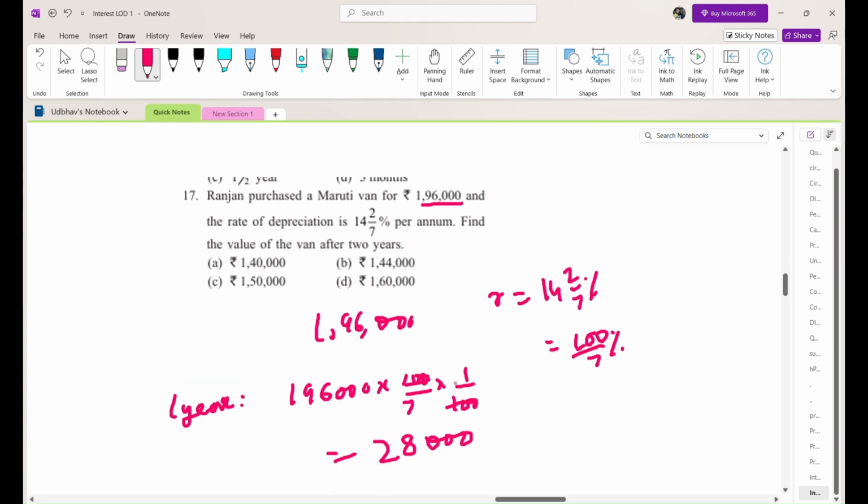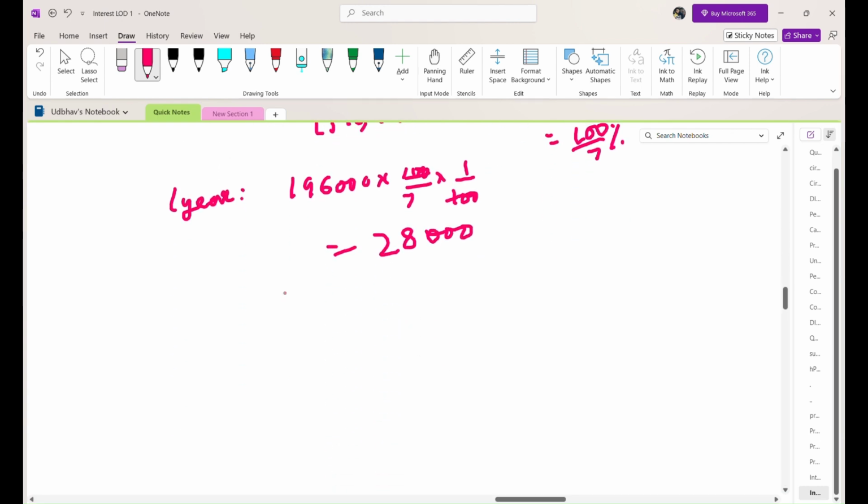So after the first year, the value of the car will be reduced by 28,000. So what will be the value of car? 1,96,000 minus 28,000, 1,68,000.